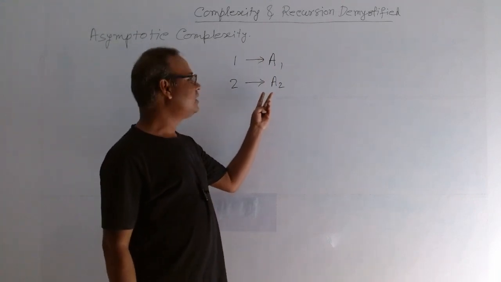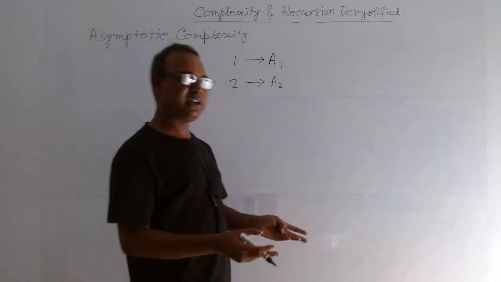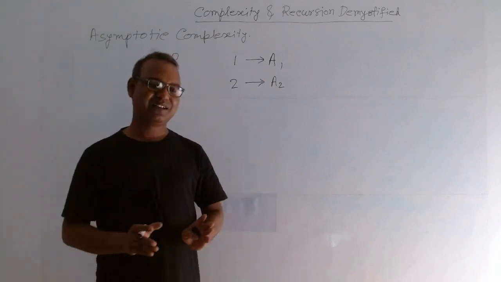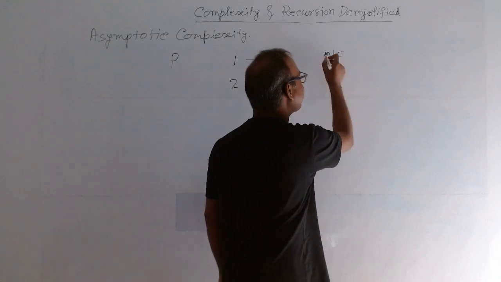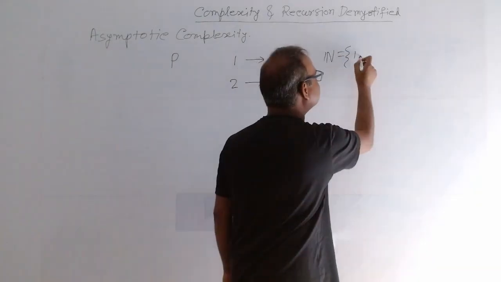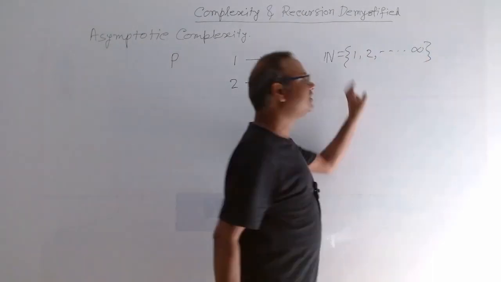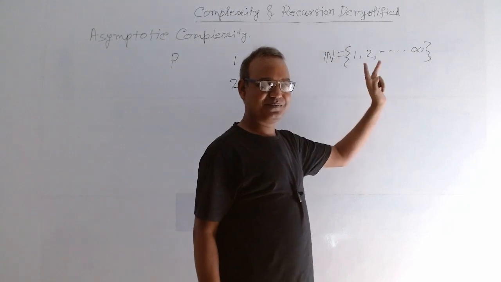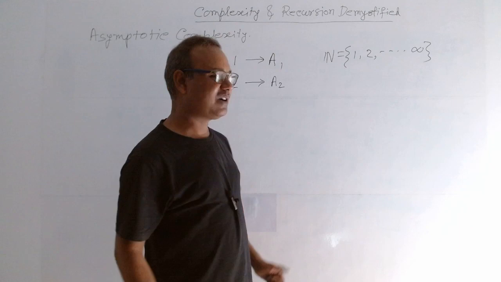Given two numbers, we can compare which number is bigger and which is less. Why? Because the set of all natural numbers is well ordered. Well ordered means you can compare the numbers, and to compare them we use symbols.